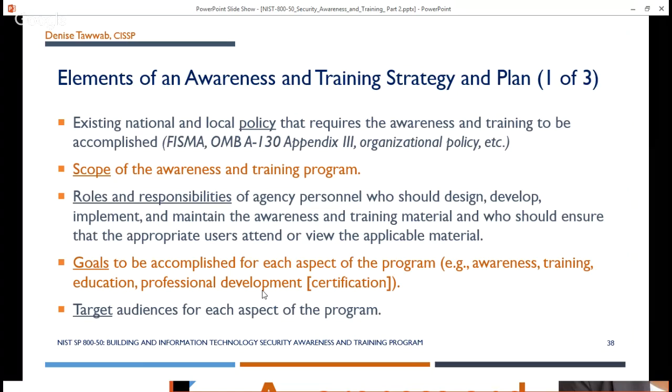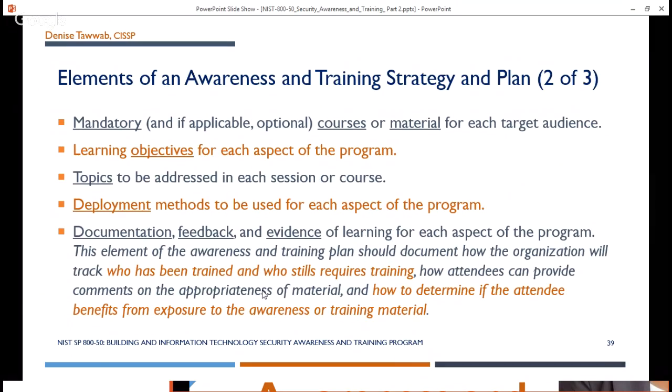You want to include in your strategy and plan the goals to be accomplished for each aspect of the program, your target audience for each aspect of the program, mandatory and, if applicable, optional courses or material for each target audience. So for each targeted audience, you want to identify the mandatory training and any optional training.